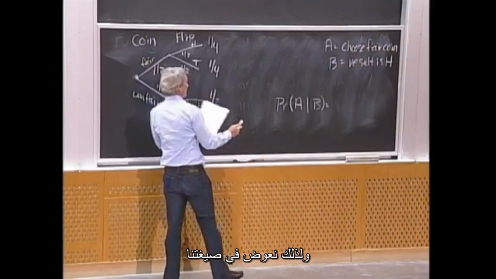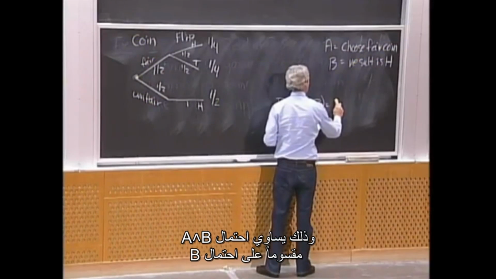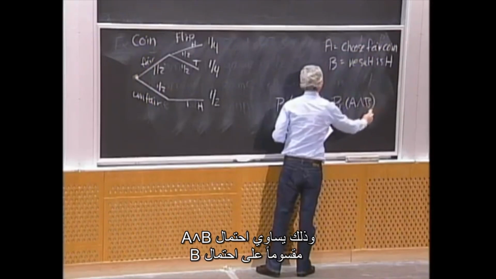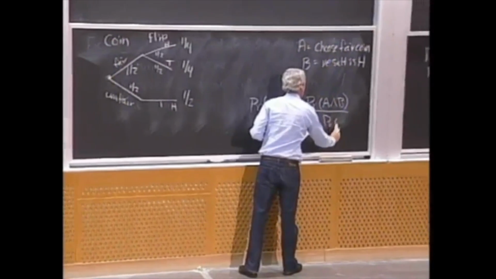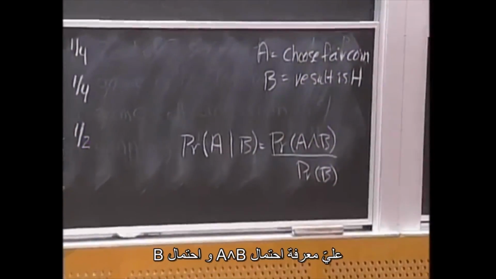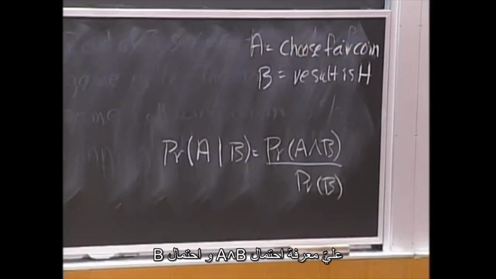So to do that, we plug in our formula. That's just the probability of A and B over the probability of B. And to compute that, I have to figure out the probability of A and B and the probability of B.